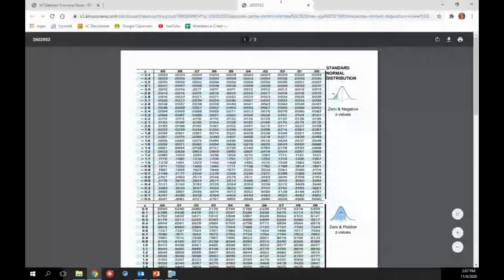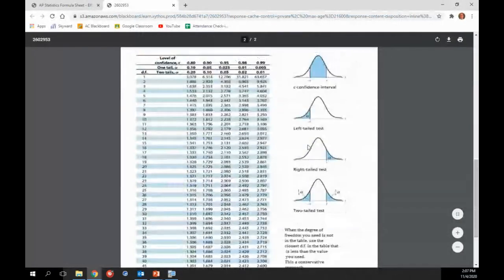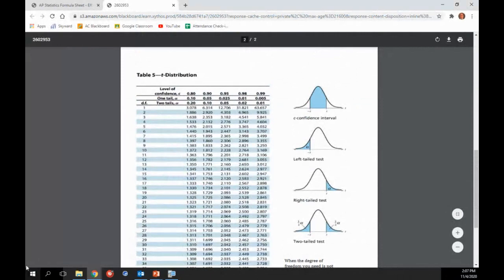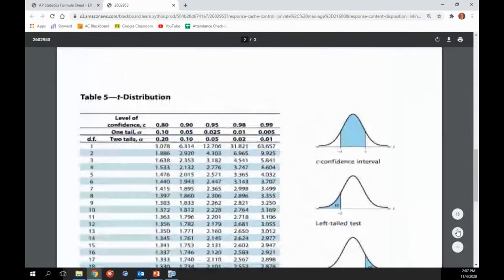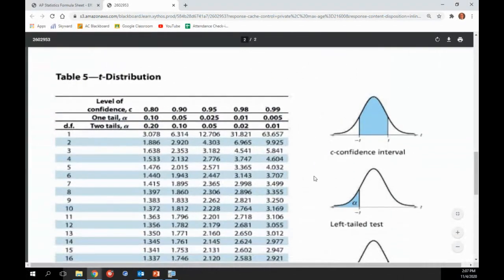Okay, so let's see. We said it's a how many tail test? One tail. So which column would I use? What's my alpha for it? It's a one-tail test. What's the alpha? 0.05. So I'm going to use the second column.